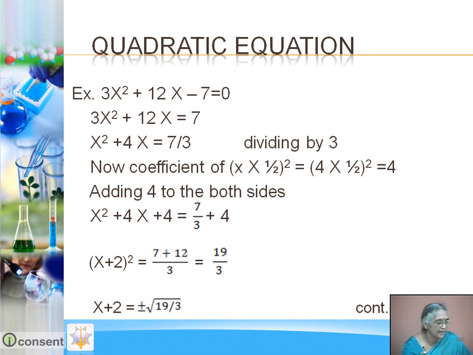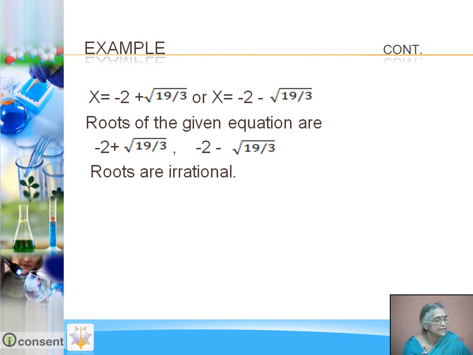When you take the square root of both sides, it is x + 2 = ±√(19/3). So x = -2 + √(19/3), or x = -2 - √(19/3). Here the roots of this equation are irrational.